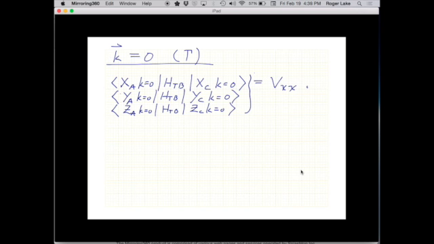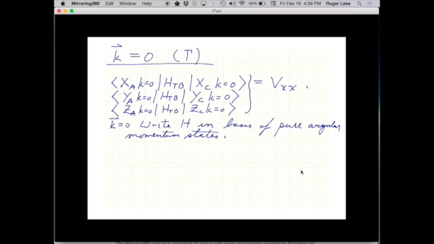And so what we're going to do at k equals 0 is write our Hamiltonian matrix in this basis of the pure angular momentum states, our JM states. We're going to write our Hamiltonian matrix in that basis.